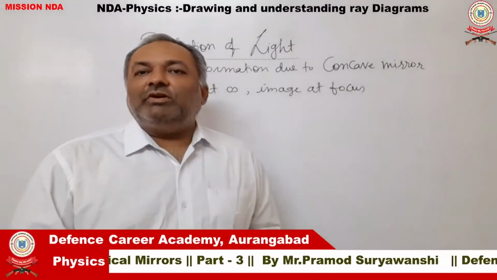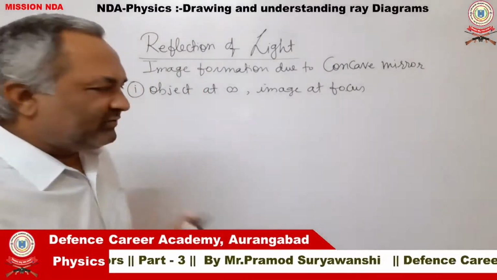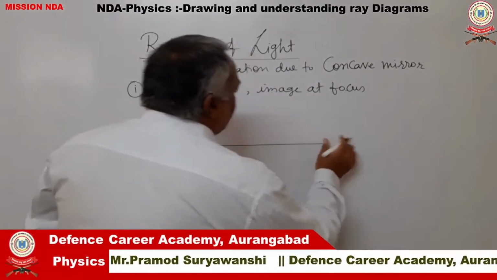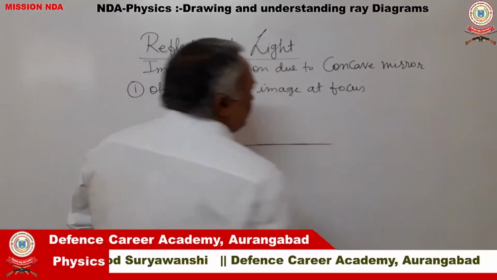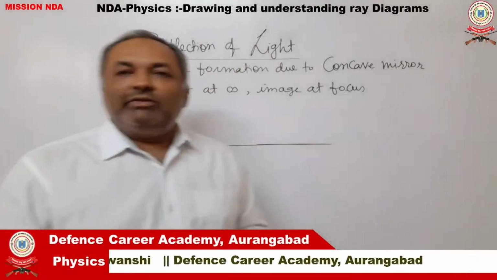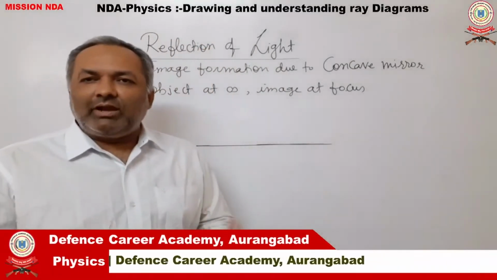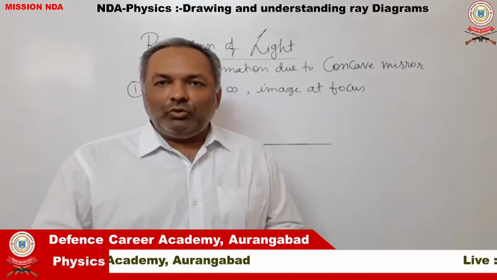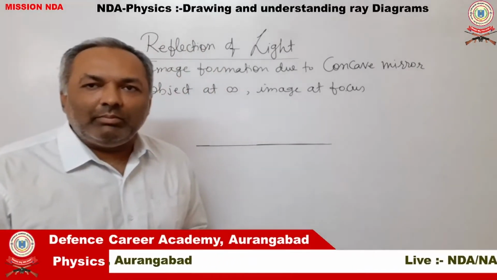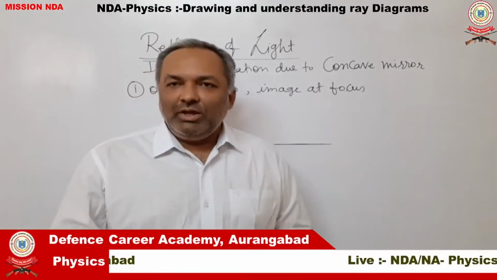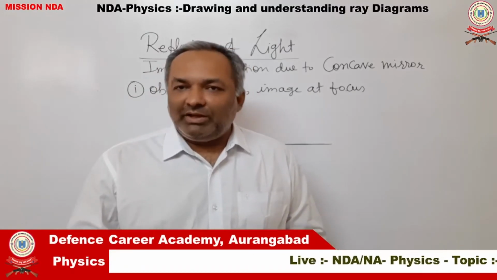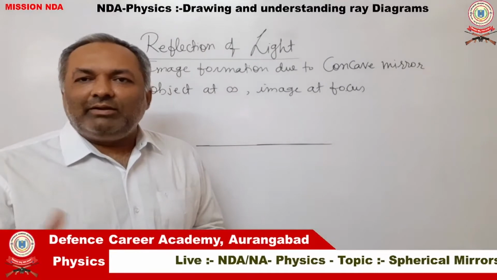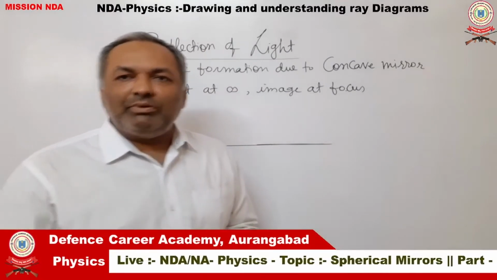The procedure to draw this ray diagram: first, draw the principal axis, a single straight line, then take a certain distance in your compass. Recommended distance is 7 to 10 centimeters. Don't go beyond 10 centimeters, because then the mirror is going to be too large and the diagram may not fit in the page.